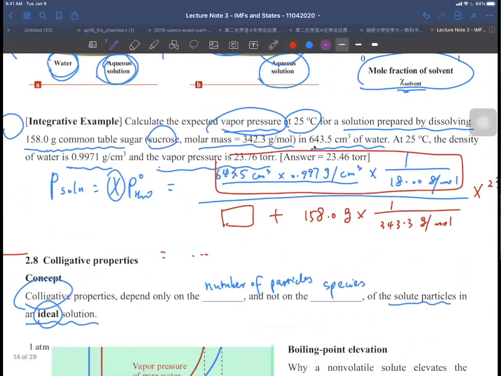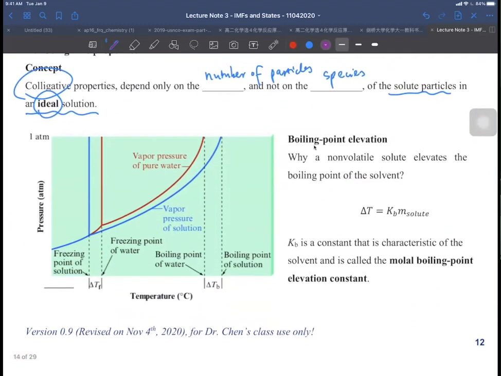Good. Because the vapor pressure of the solution is lower than that of the solvent, we get some conclusions. The first one is called boiling point elevation. Basically, the solution will have a slightly higher boiling point than the pure solvent.